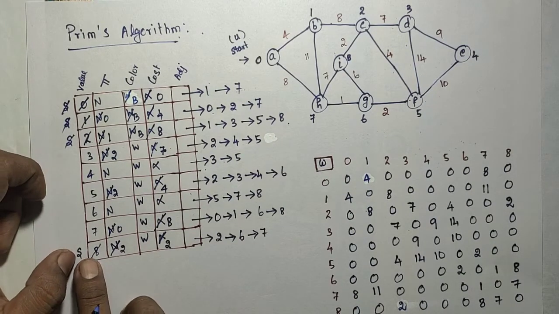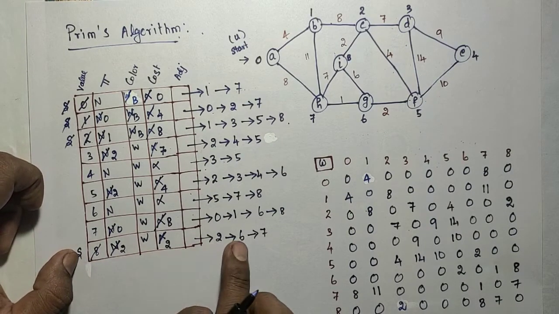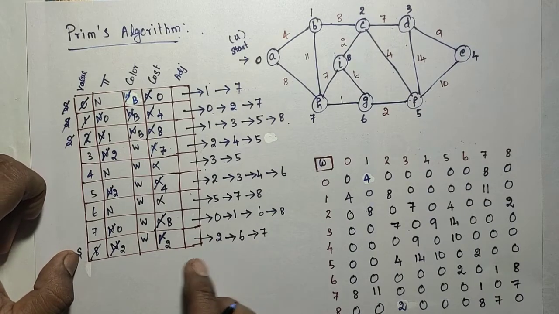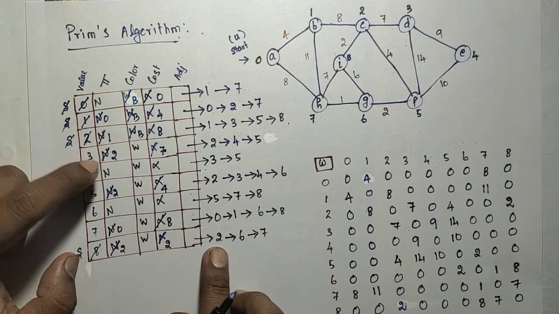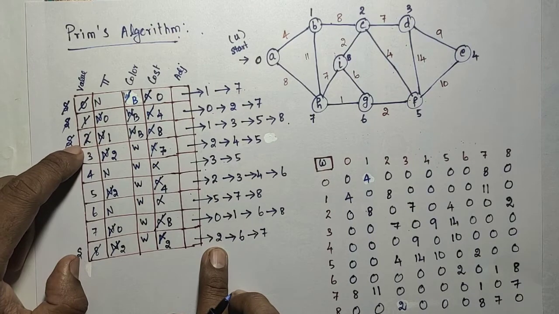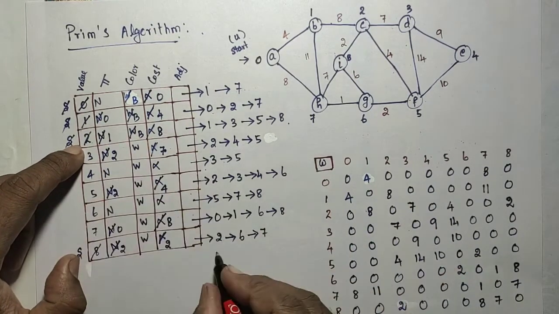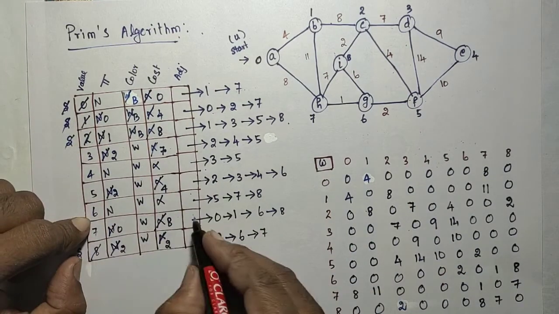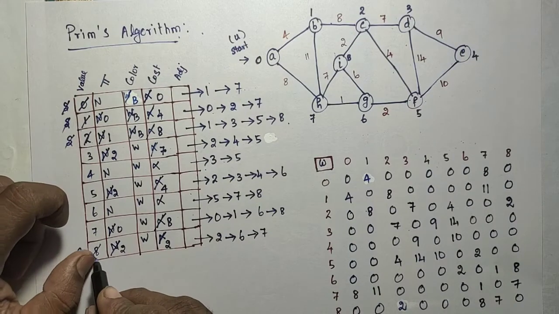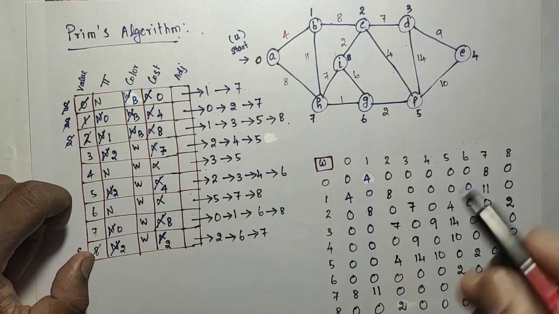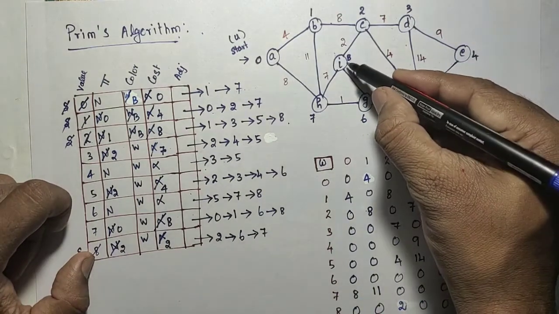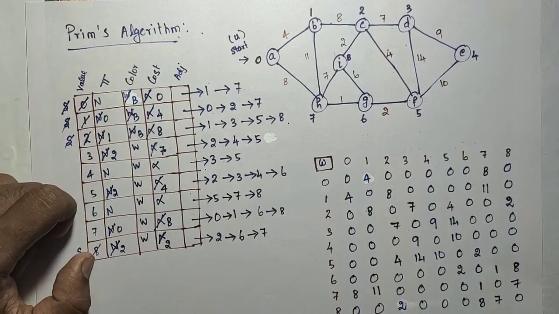Yes. So now I need to look at 2, 6 and then 7. Here 2 is already visited. Leave that. And 6. 6 is not visited. So I need to find 8 to 6. It is 6.